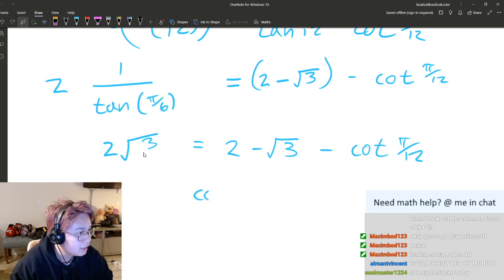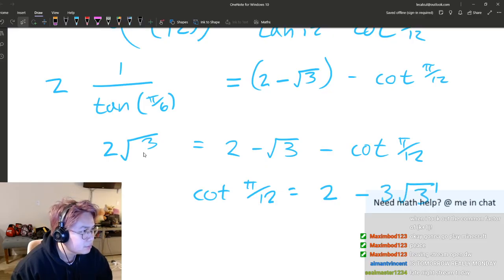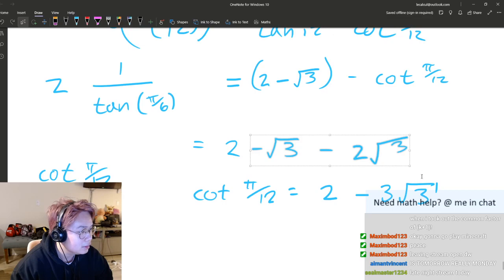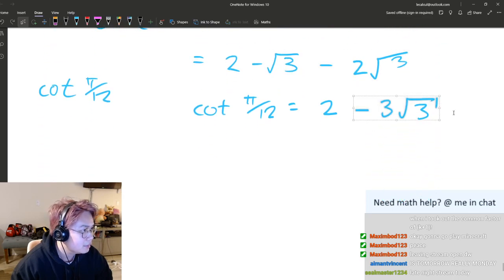So solving for cotangent, that's 2 minus 3 root 3, right? This goes over here, this goes over here, these two become this thing.